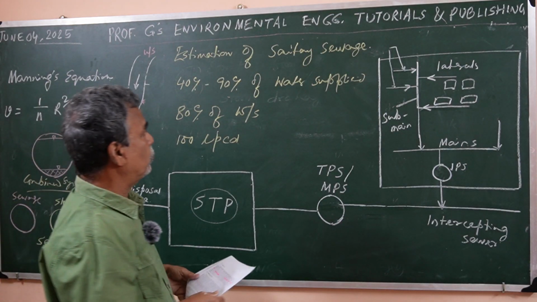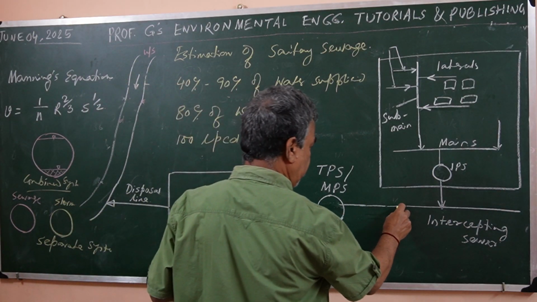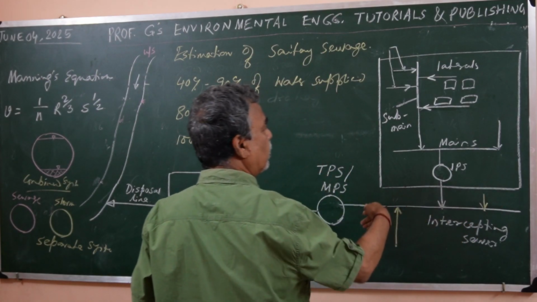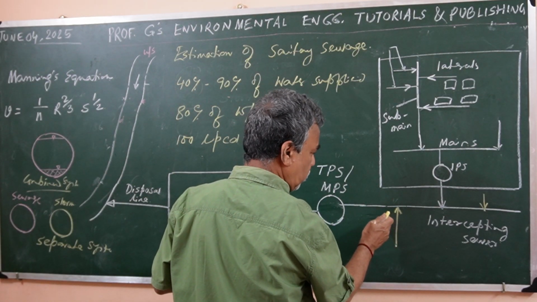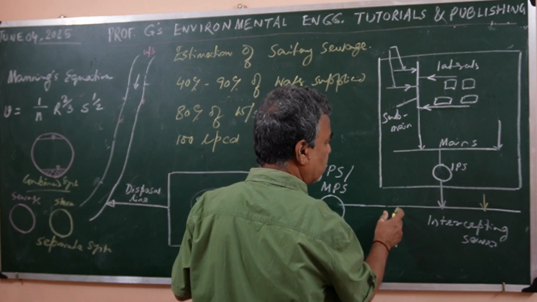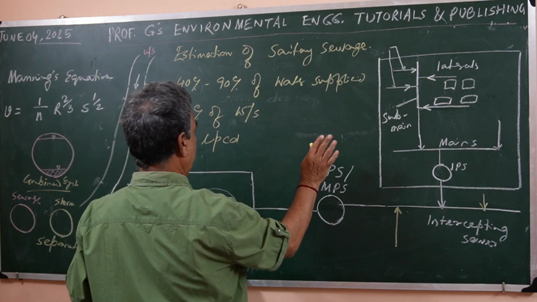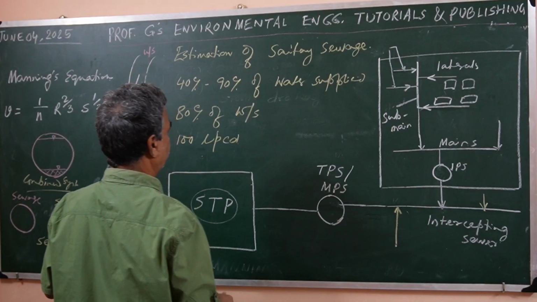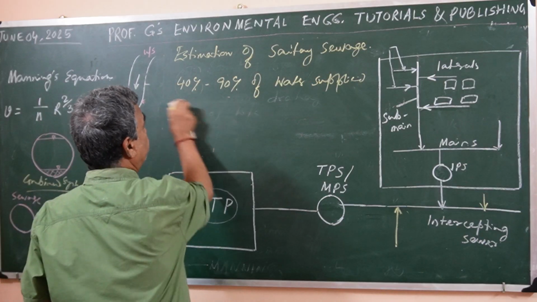Now, if industries discharge separately, that is to be calculated separately. Maybe different industries are discharging with the consent of the concerned municipality or corporation, then in that case the flow has to be estimated separately. Otherwise, normally, unless otherwise mentioned, 80% of water supply will be coming as sewage, or the minimum, right?